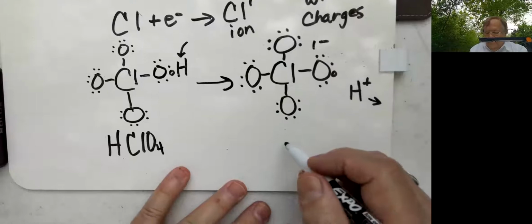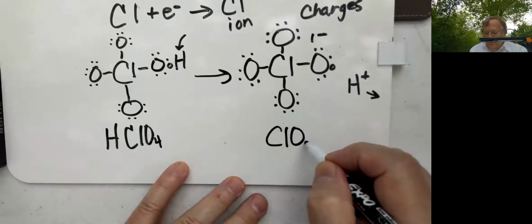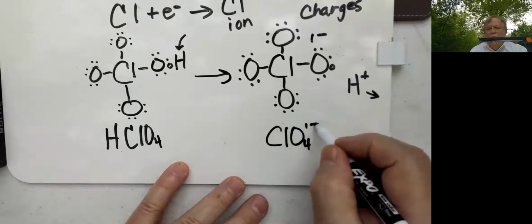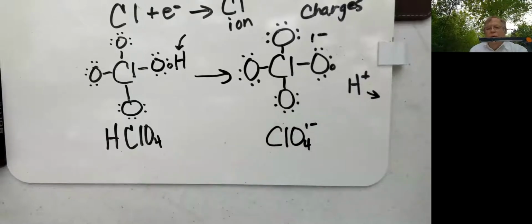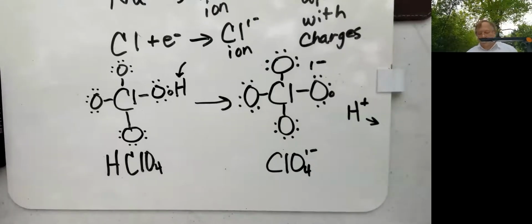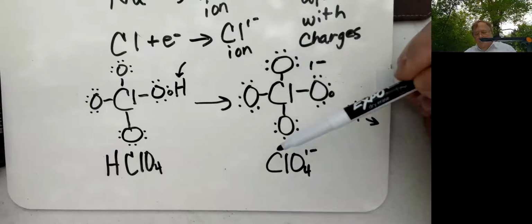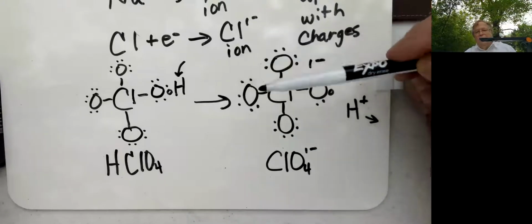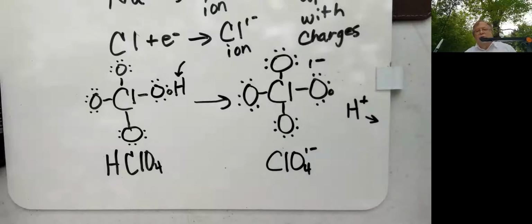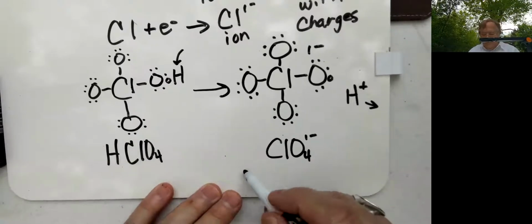All right. So the way we write this is ClO4 -1. And formula-wise, as far as writing formulas is concerned, it's going to have the same character, the same behavior in writing formulas as that chlorine up there. Okay, so this is called a polyatomic ion.